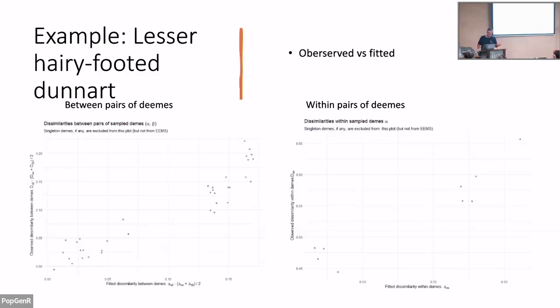So you can start to trust it. And then it looks also at the fitted dissimilarity within DEAMs and the observed dissimilarity within DEAMs. So basically the Q plots, how well do they fit the data? And again, they should also follow a line. Yeah? And yep, looks good.